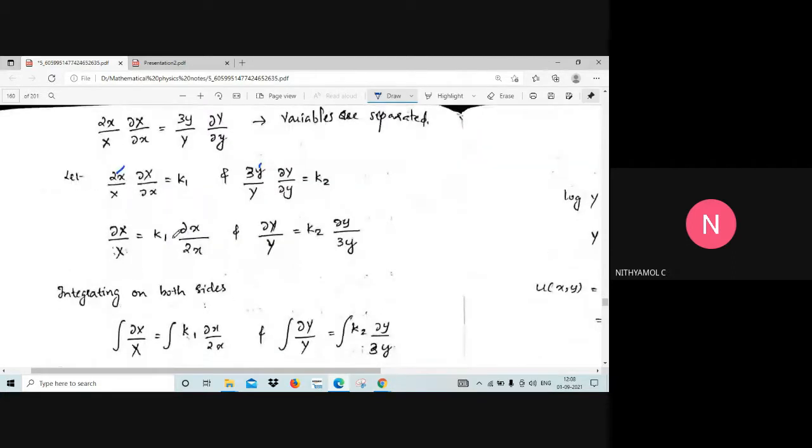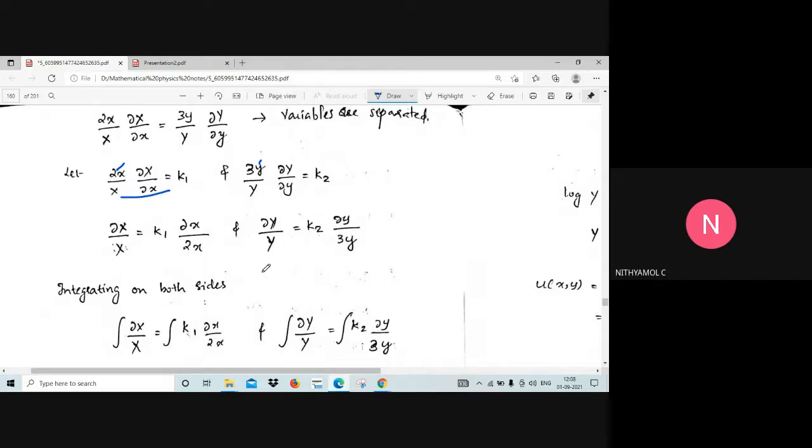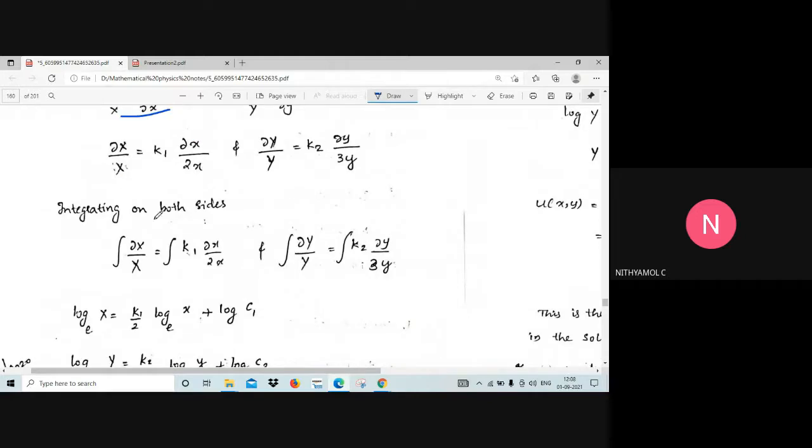From the first equation we can write dou X by X equal to k1 into dou x by 2x, and dou Y by Y is equal to k2 into dou y by 3y. So we can integrate both sides.